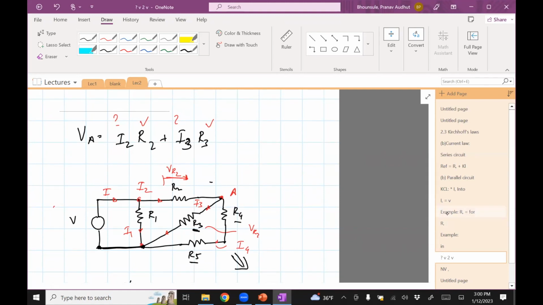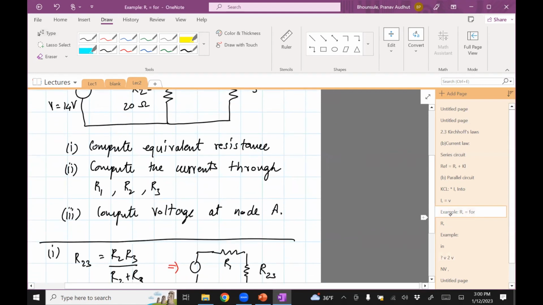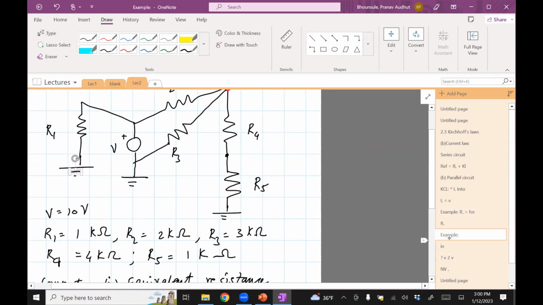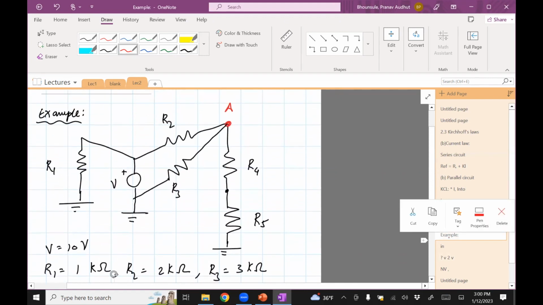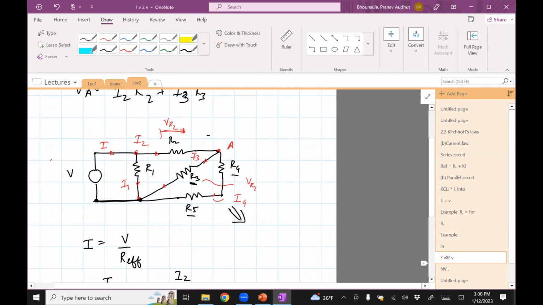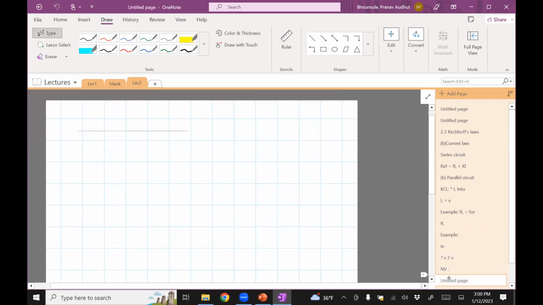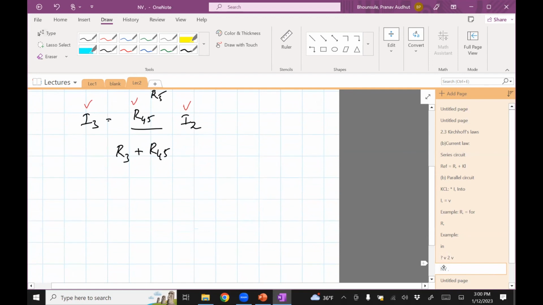And then the final step is to compute the current across resistor R5. Okay, so the current across resistor 5 is nothing but I4. So I'll complete this later on, but let me just write this down.